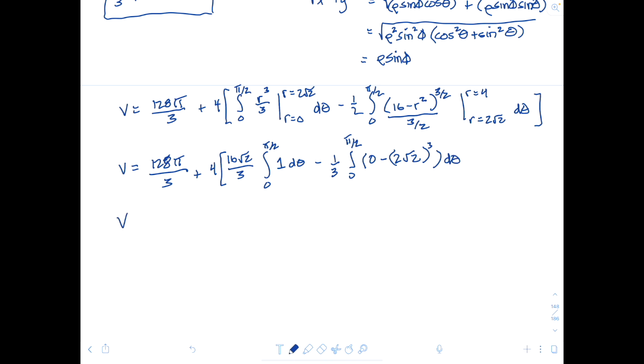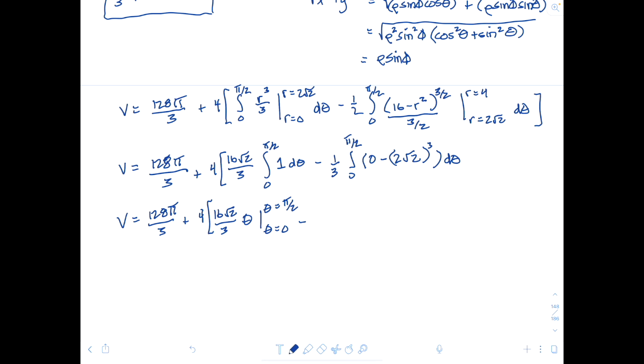So the volume will be 128 pi over 3 plus 4 times 16 root 2 over 3 theta, from theta is 0 to theta is pi over 2.